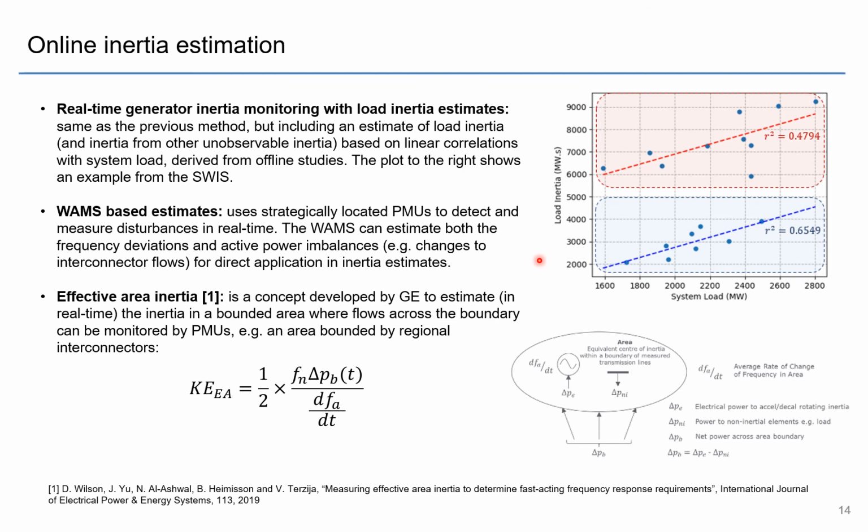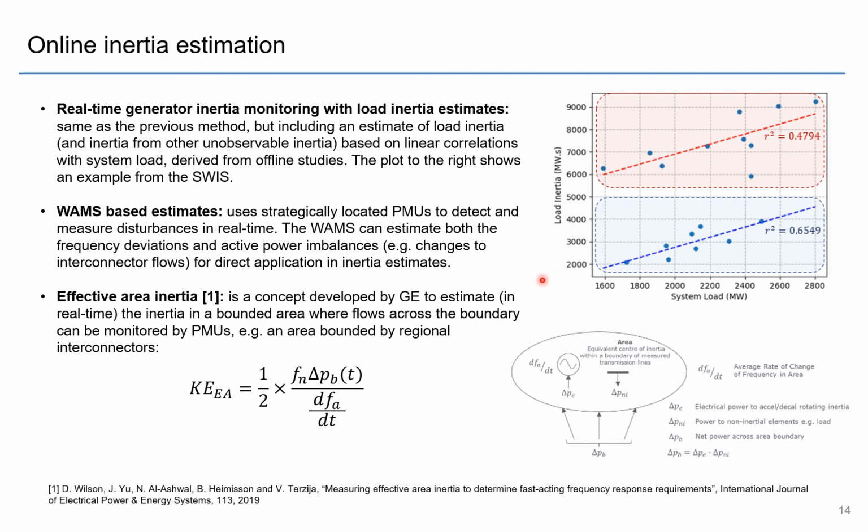An alternative approach, it's not really measuring the full system inertia, but it's an idea that was developed by GE. It's called effective area inertia, and it's to calculate the effective inertia bounded by an area.